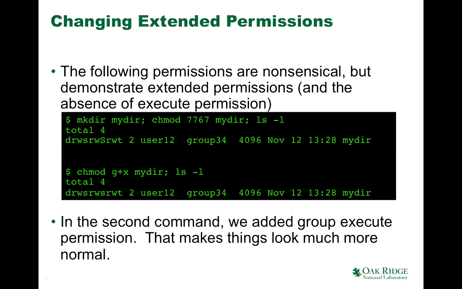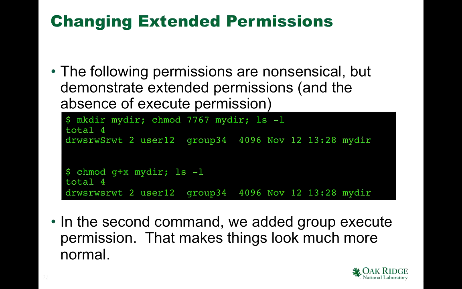So in the first command, I've created a directory called mydir. I've done a chmod 7677 for that directory, and then I list it. So that's a 4-digit change mode command. The first one refers to the set group ID, set user ID, and sticky bit. The other 3 refer to the user, group, and other permissions.